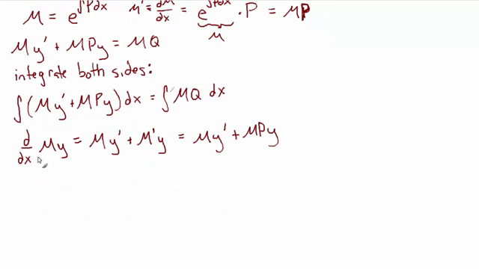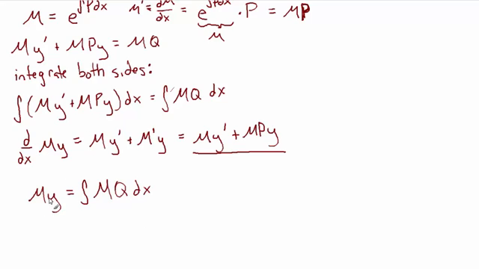Well, the derivative of mu times y is this whole thing. So when we integrate both sides, we have that whole thing on the left being integrated, so its integral must be mu y. If the derivative of mu y is this, then the integral of this is mu y. So mu y equals the integral of mu q dx.